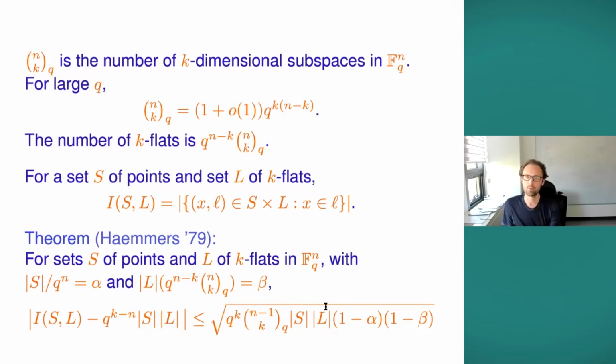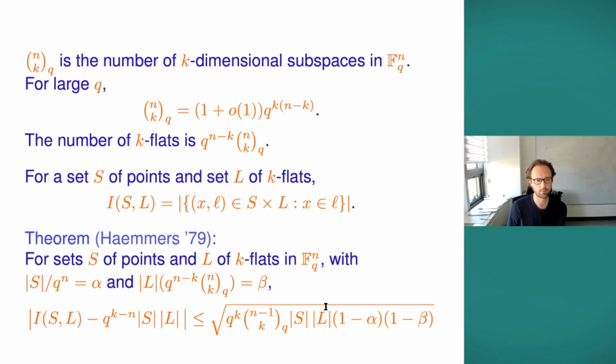The main tools that play a role in this proof are the Kakeya bound of Dvir, which we use as a black box, and some incidence theory for large sets in finite fields. Given a set S of points and a set L of k-flats, the number of incidences between S and L is the number of pairs of a point and a flat such that the point is contained in the flat.